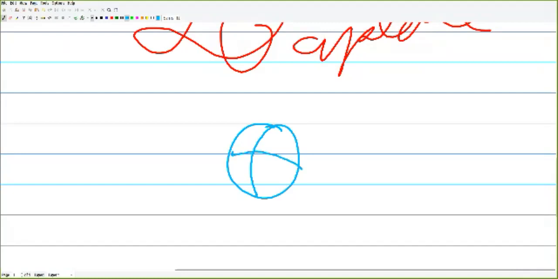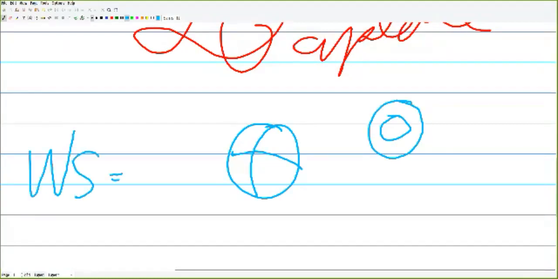Okay, and he said that if we do a sagittal view, a sagittal cut, the wall stress is equal to, oh, sorry.